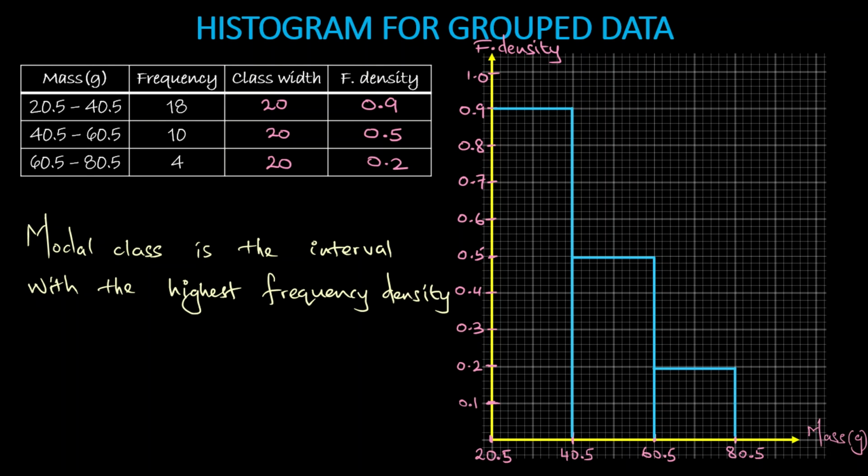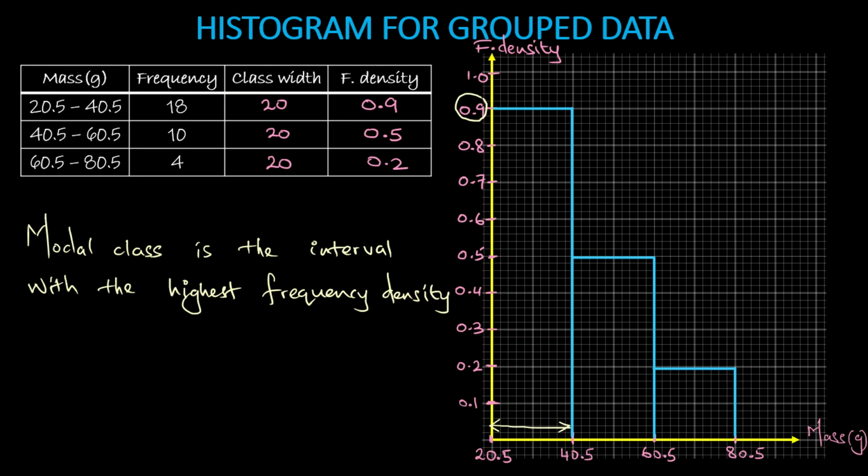So in our case, the highest frequency density is 0.9, and it is for the interval 20.5 to 40.5, right?